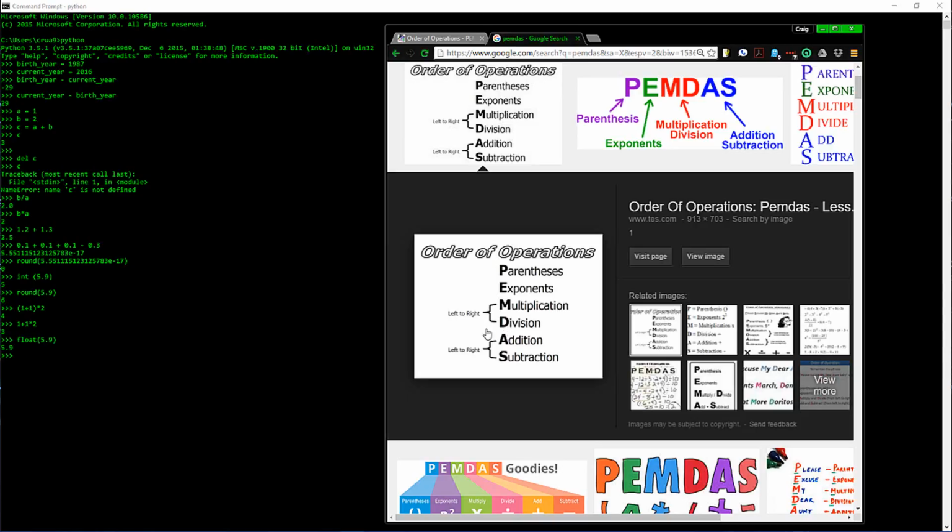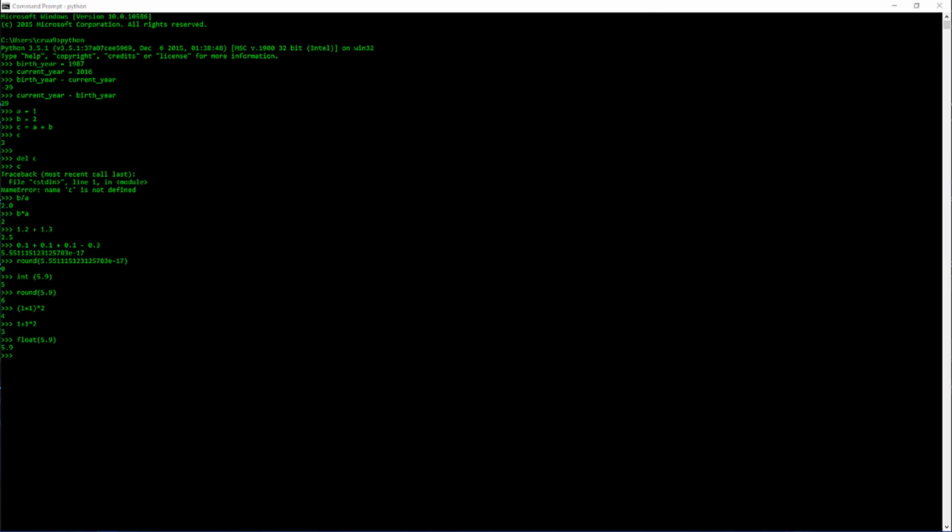That's where the order of operations really comes into play. Again, it's called PEMDAS for those of you in foreign territories. Again, float value, as I said before. It's a fairly straightforward thing, and there are different types of math within Python, but what you're going to see most often is the basic algebra.